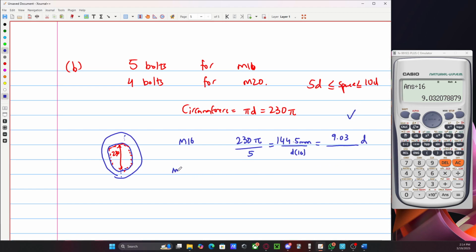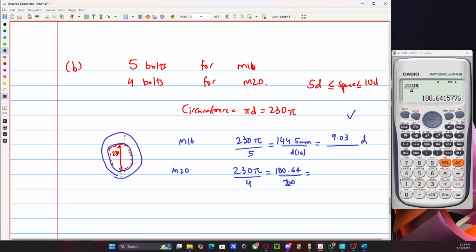Now let's try for M20. You have 230 pi divided by 4. This gives us 180.64. And we divide it by our 20 here.